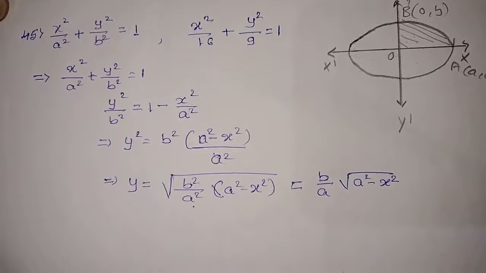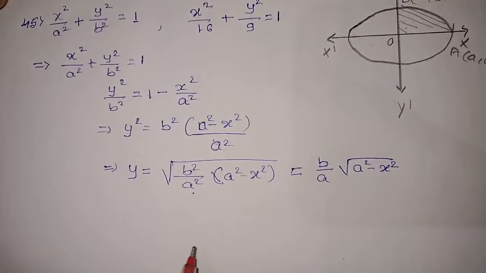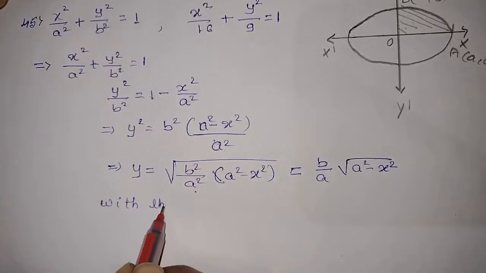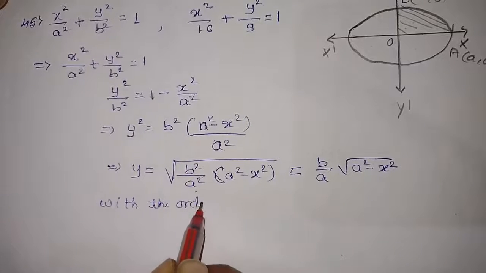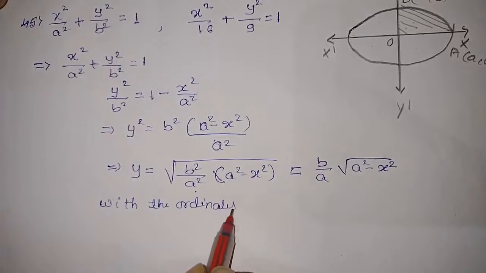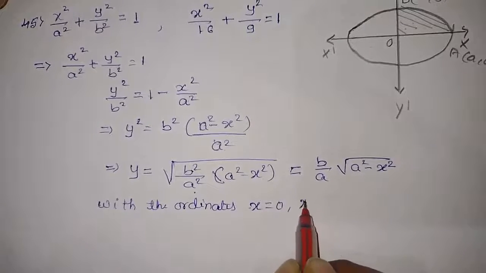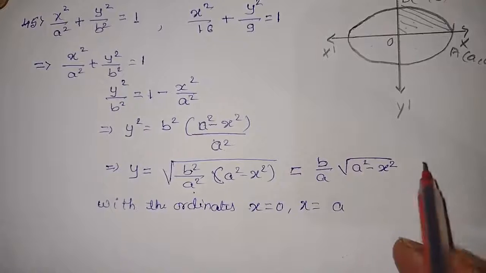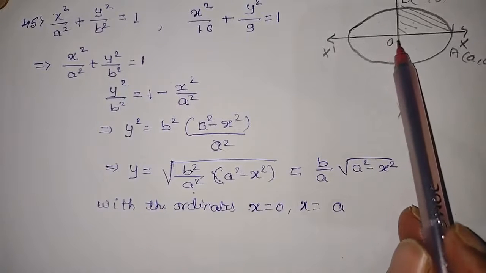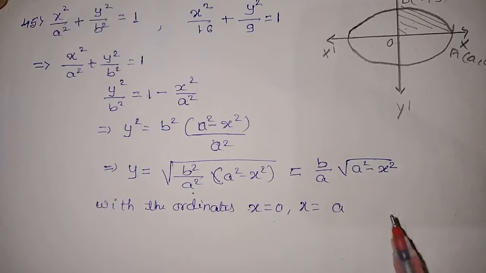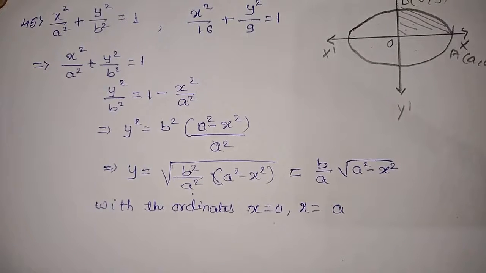Afterwards, with the ordinates, here x is equal to 0 and x is equal to a. Here we have to find from the point 0 to a. That's why the limit will be taken as 0 to a.